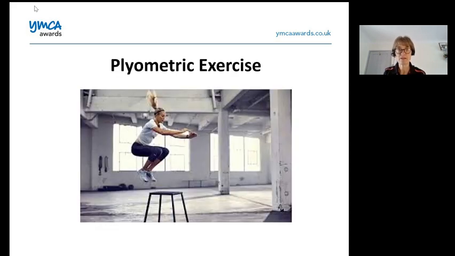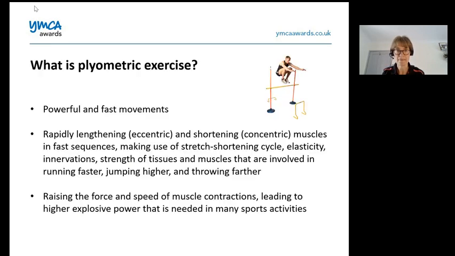So now we're going to have a little look at plyometric exercises. You can see from the images that I've put up that plyometrics involve powerful, fast, ballistic style movements. They've got certain elements to them: a rapid eccentric lengthening of a muscle, like preparing to do a jump, then the shortening, the concentric muscle activity, in fast sequences.